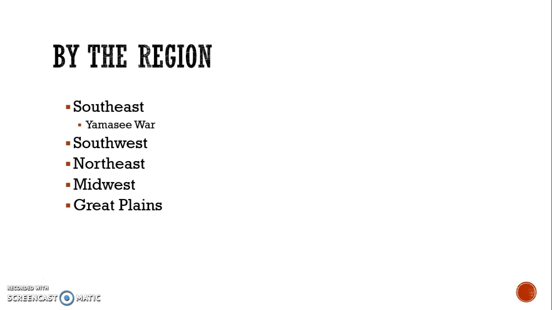And lastly, the Great Plains, a little bit further west of the Mississippi. Trade is also happening here, but specifically horses I wanted to touch on, because the trade in horses is going to dramatically change the nature of Indian societies here.